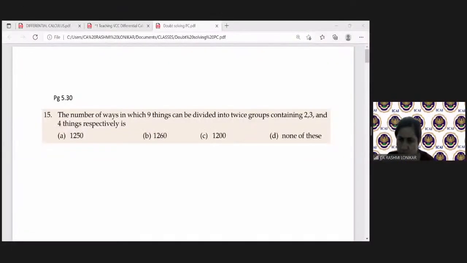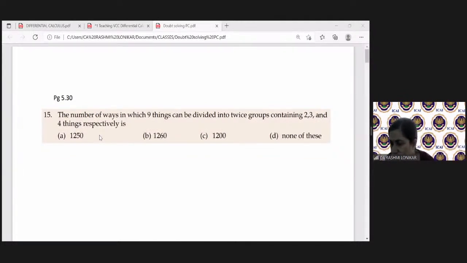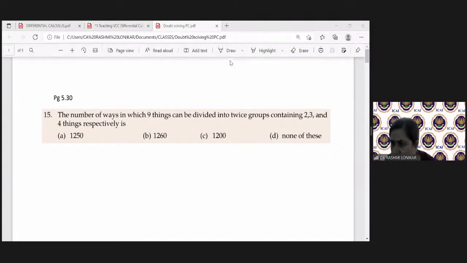This is page 5.30, 15th sum. This is the doubt solving for permutation and combination. See, the number of ways in which 9 things can be divided into 3. It's not twice, this is a printing mistake, into 3 groups containing 2, 3 and 4 things.